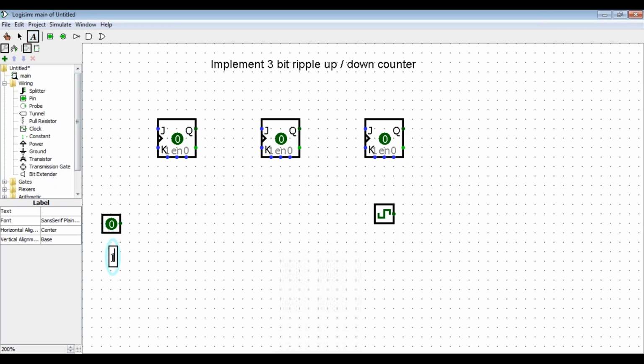This is your high signal. High signal or input, whatever it may be. Next, this is your clock. I'm giving labels so it will be easy to understand.